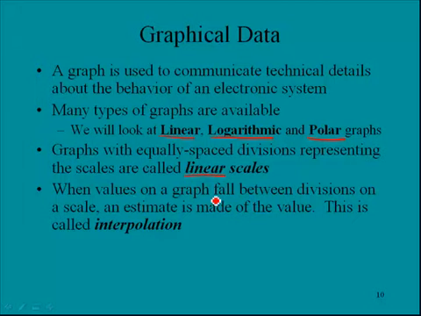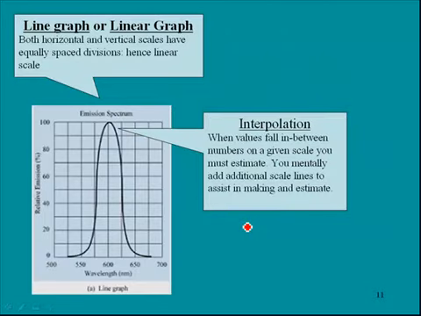When values on a graph fall between divisions on a scale, an estimate is made of the value. This is called interpolation. Now, on the next page we have a picture of what we call a line graph or a linear graph. The reason it is a linear graph is because both the horizontal and vertical lines have equally spaced divisions.